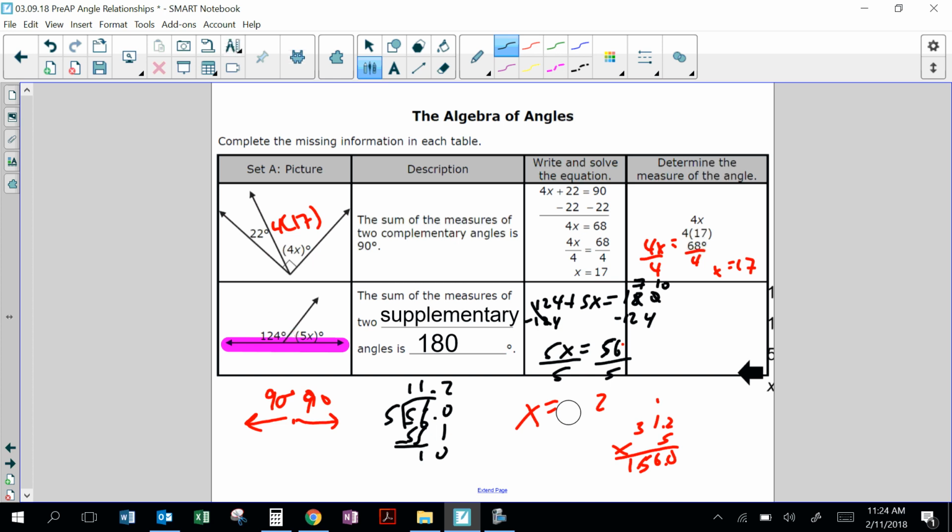So each x equals 11 and 2/10. So 5 groups of 11 and 2/10. X equals 11.2, but this angle equals 56 degrees because 56 degrees plus 124 degrees add up to 180.